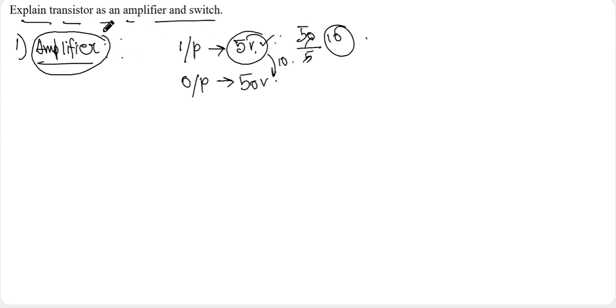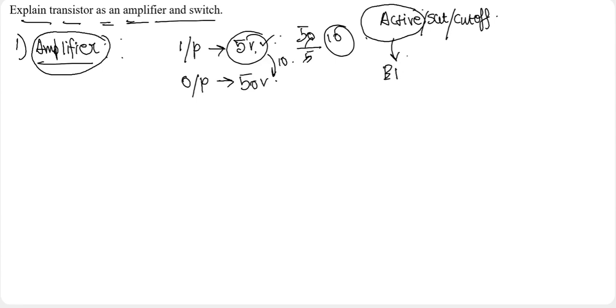Okay. So, here we are asked how we can configure this transistor as an amplifier. First of all, we need to know that the transistor operates in three regions. One is the active region, one is the saturation region, and another is the cutoff region. The transistor only operates as an amplifier in the active region. And what happens in the active region?